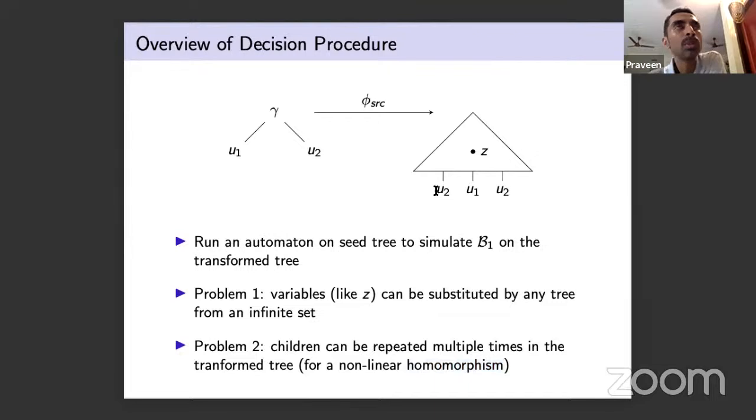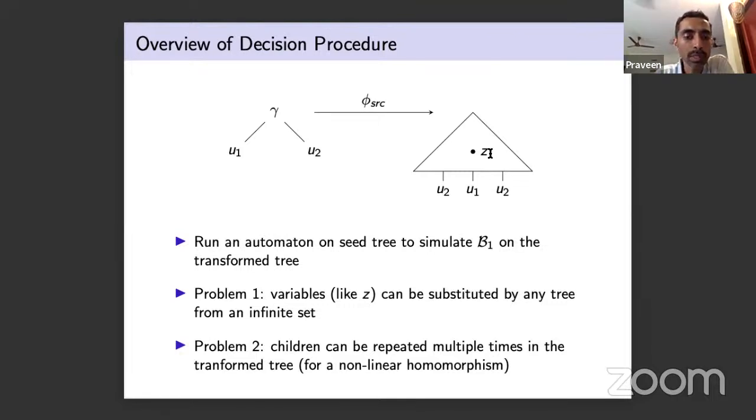For example, you restrict yourself to linear morphisms. But in general, if you allow unrestricted morphisms, then you can have this problem also. Right. So these two are the main conceptual obstacles that we need to overcome in order to apply this closed under inverse morphism idea.